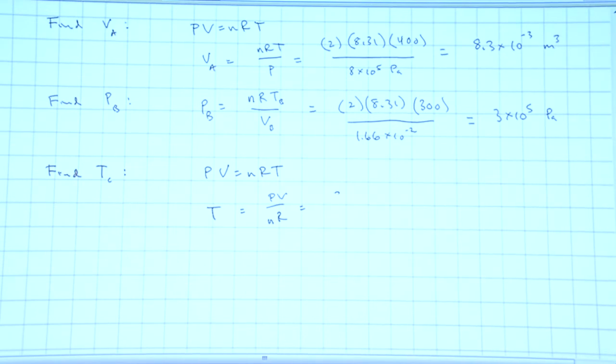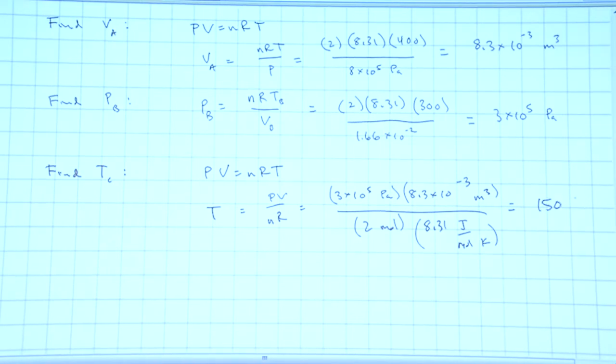Pressure was 3 times 10 to the 5th pascals. The volume, 8.3 times 10 to the minus 3 meters cubed. 2 moles, 8.31 joules per mole Kelvin. And I get 150 Kelvin.